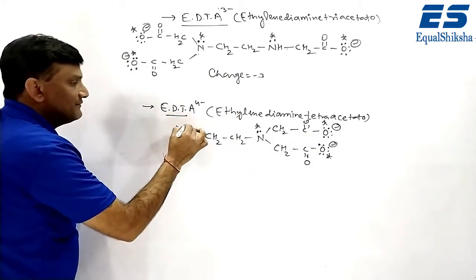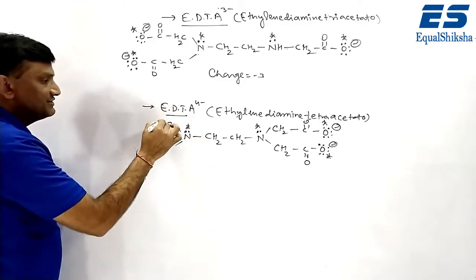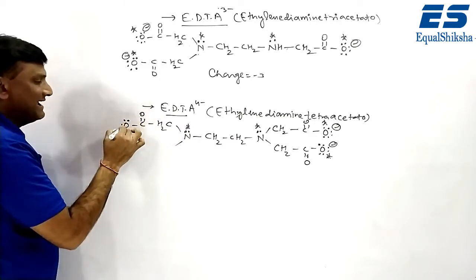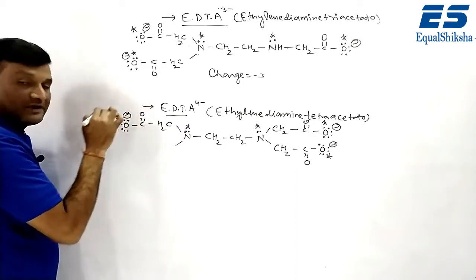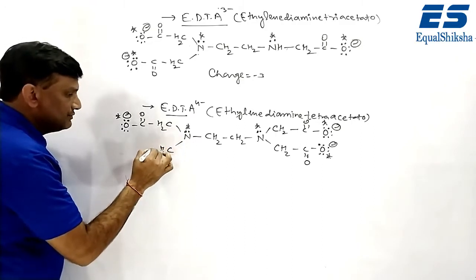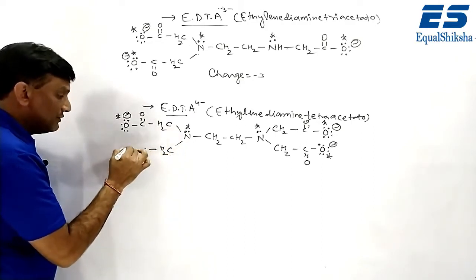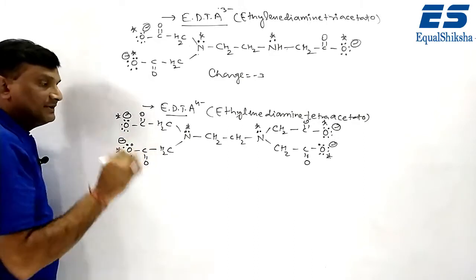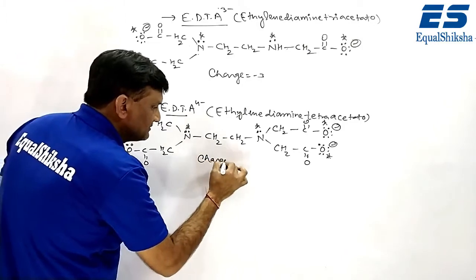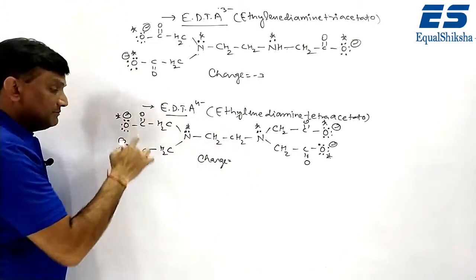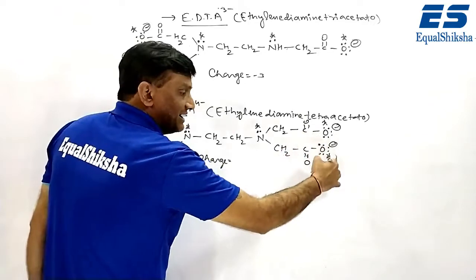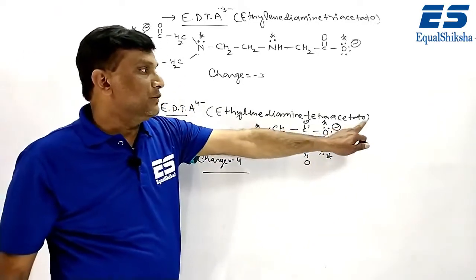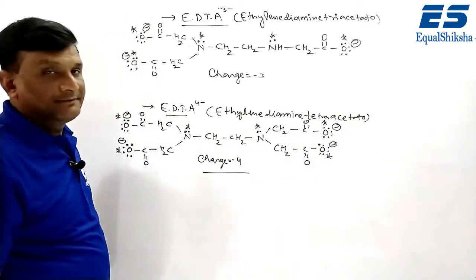Here this nitrogen is a donor atom, and CH2, COO negative is a donor atom too. The total charge is -1, -1, -2, -3 and -4. It carries a -4 charge. Acetato takes the same suffix o as a negative ligand. Note it down.